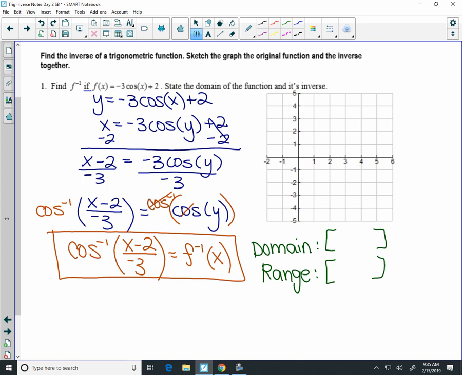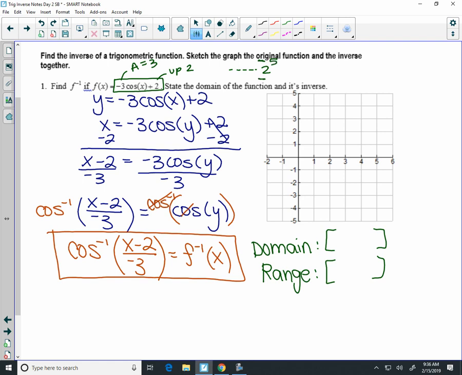So our original cosine function, think about it, and this is why we're doing this after we did graphing sine and cosine. This guy is moved up, with a vertical stretch or an amplitude of 3. So if we go up to 2 is our midline, and we go up 3 from there, what's the top going to be? 5.